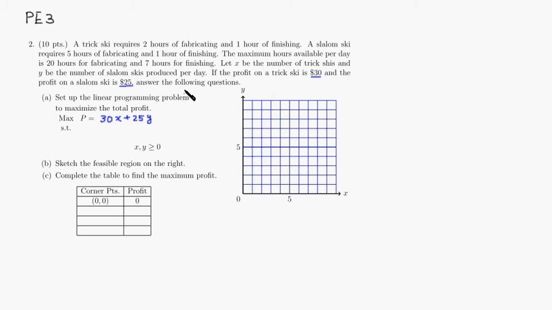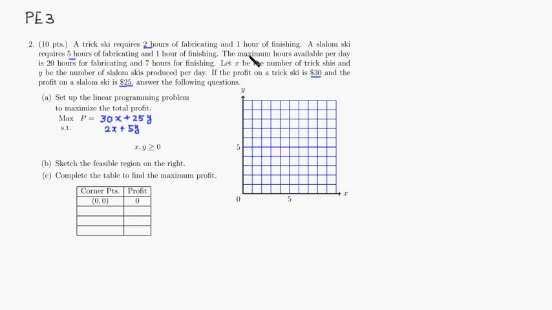Then for the fabricating, let's say a trick ski requires 2 hours and a slalom ski requires 5 hours of fabricating. So the total time would be 2 times x for the trick skis, and 5 times y for the slalom skis.